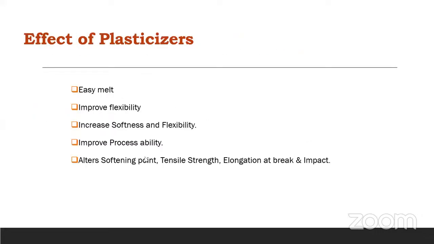When we add plasticizers into polymeric systems, we generally get different effects. First, easy melting: the polymer melts easily. Second, improved flexibility, and the softness also increases.